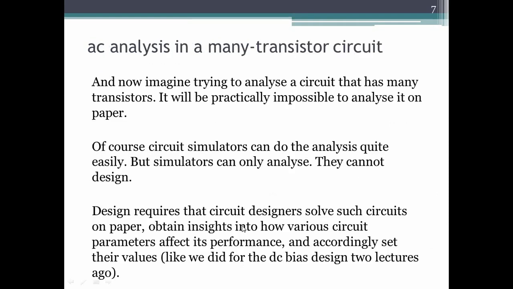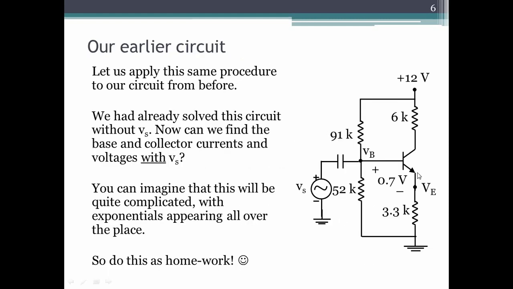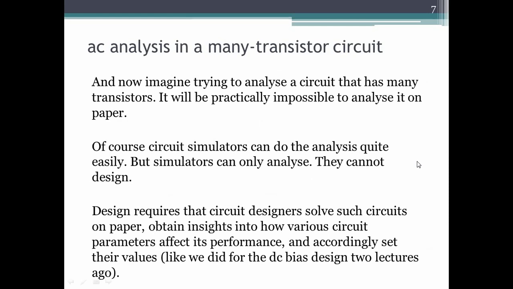Okay. Now imagine a circuit that has many transistors. This is of course the simplest possible transistor circuit. It has only one transistor. As we progress, we will consider circuits that have many transistors. You think of an op-amp, it has like 10, 15, 20 transistors. Now, each transistor has an exponential.